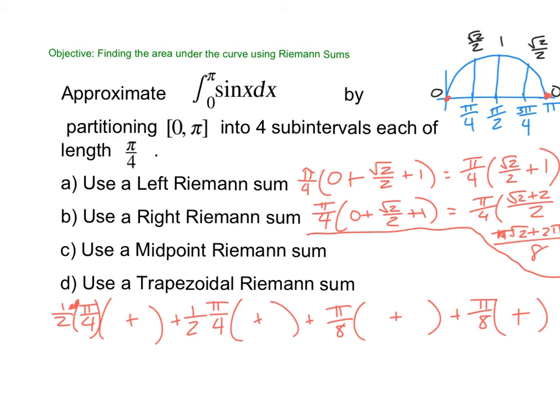All right, so my first trapezoid is 0 and √2/2. My next one is √2/2 and 1, right? So that's my trapezoid, if you look up. This is the height of pi over 4, and then my two bases are the 1 and the √2/2. And then we get another 1 and √2/2, and another √2/2 and 0.